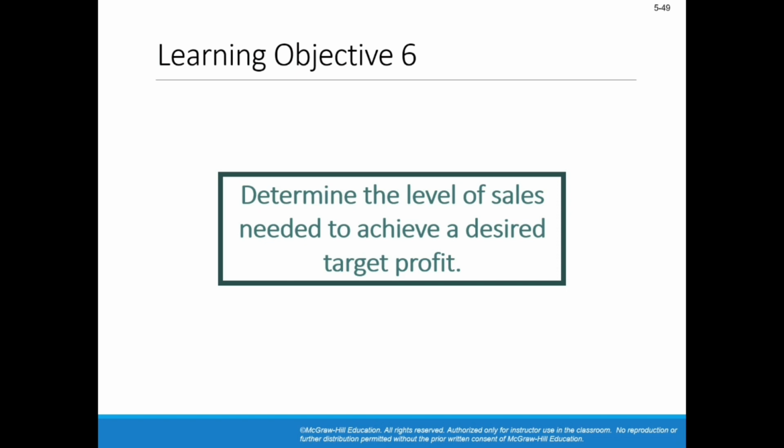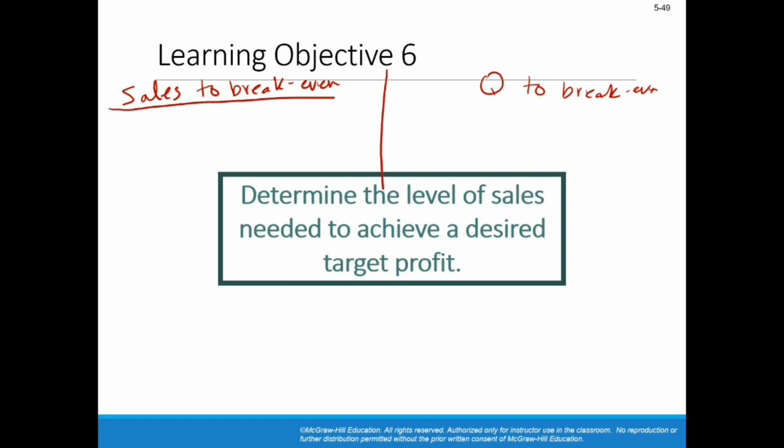Now determine the level of sales needed to achieve a desired target profit. So far, we learned sales to break even and quantity to break even. In the sales case, we established that sales to break even is equal to total fixed cost divided by CM ratio.